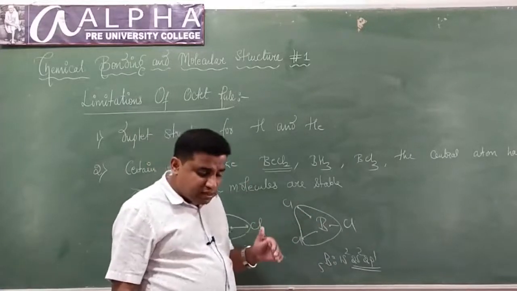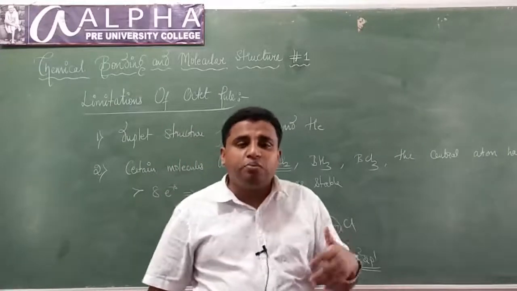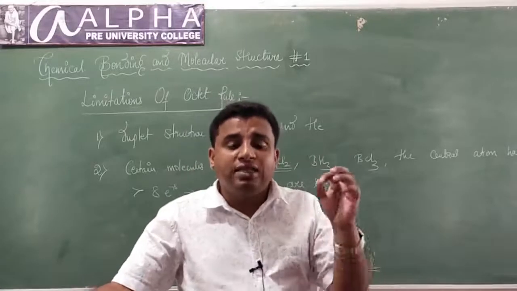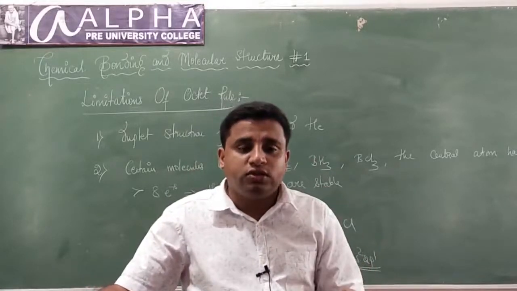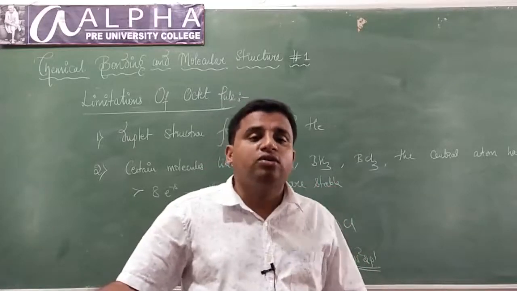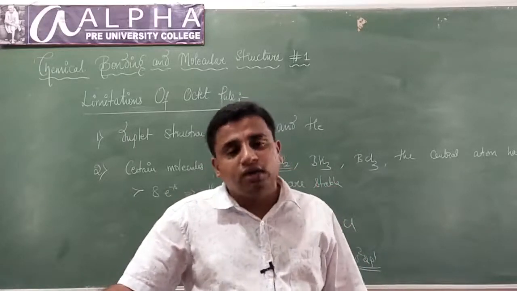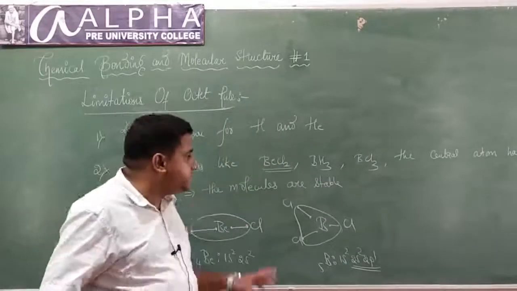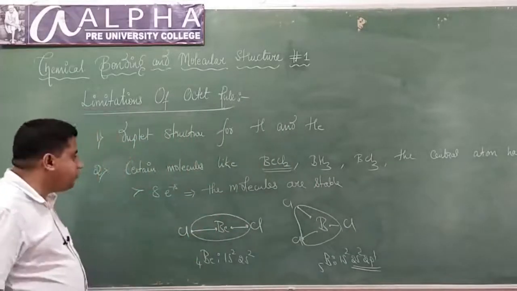So we get many molecules where the central atom has less than 8 electrons. This is another limitation of the octet rule. I hope you understood the second limitation of the octet rule.